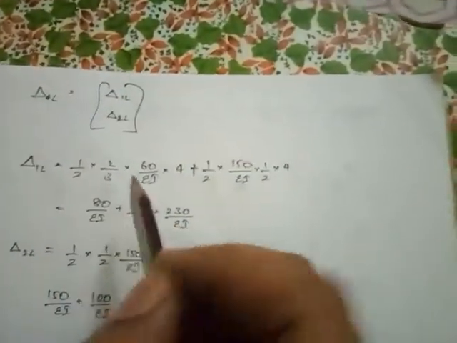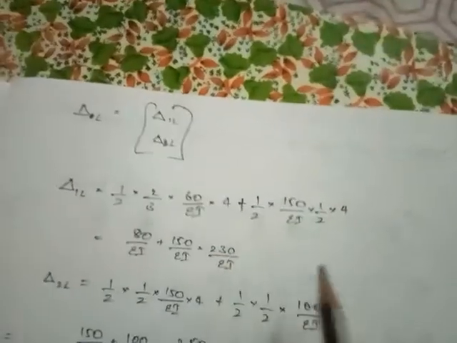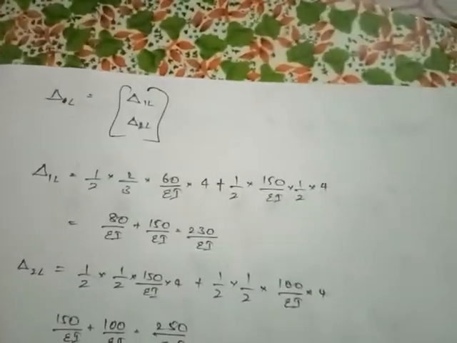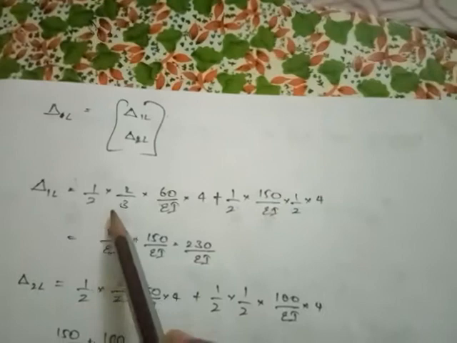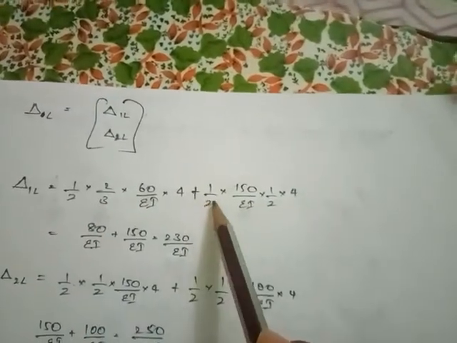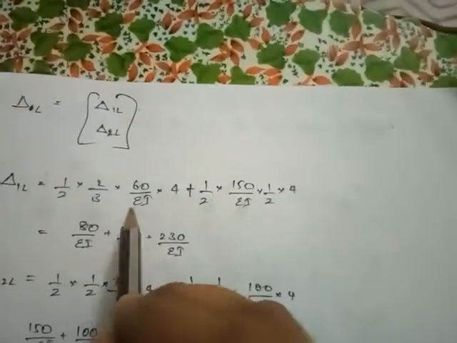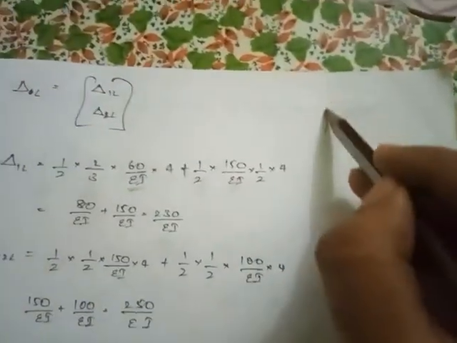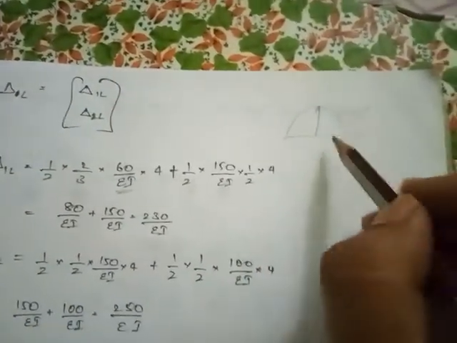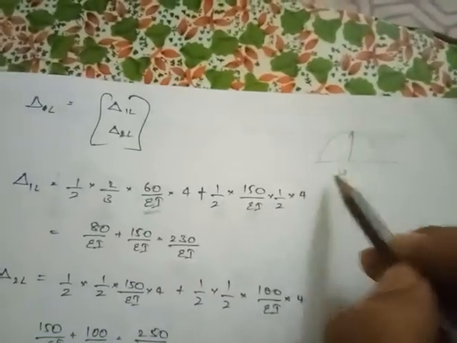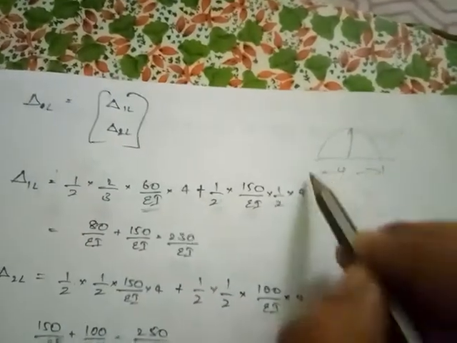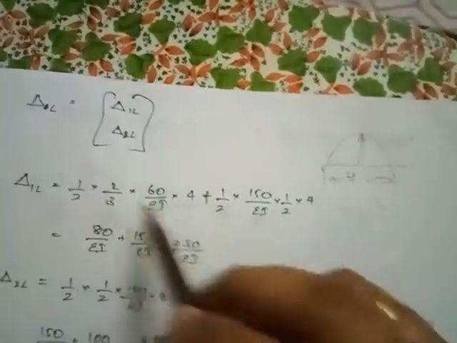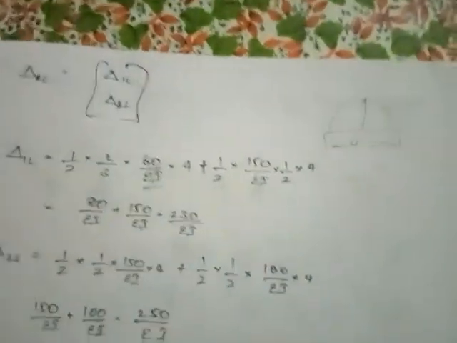The CG acts at the 2 by 3rd of the distance for the parabolic arc, so that is why we have taken 2 by 3rd. This 60 by EI is the vertical distance for the arc, and 4 is the horizontal distance. That is how we are taking the area of the section.